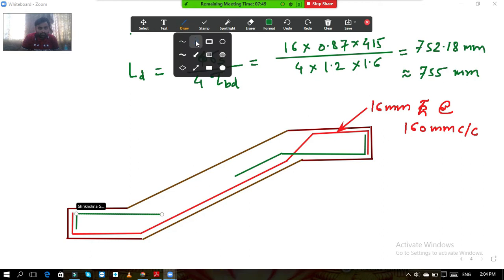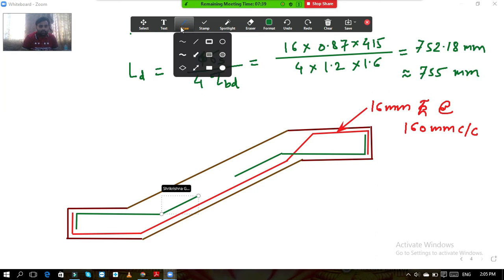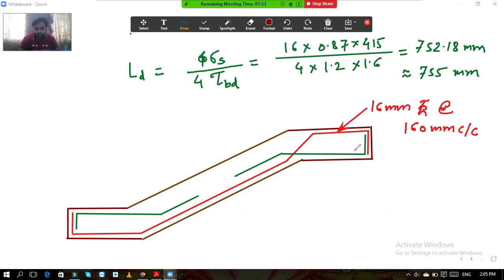Okay, and from here it will move up to the development length. And now we need to show the distribution steel. So distribution steel is provided like this.